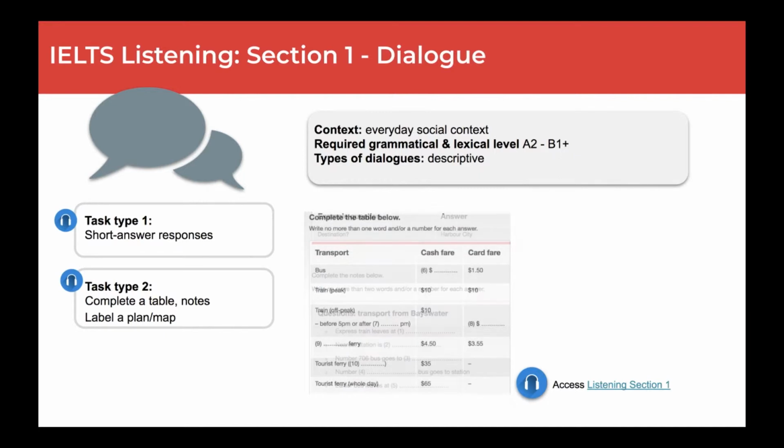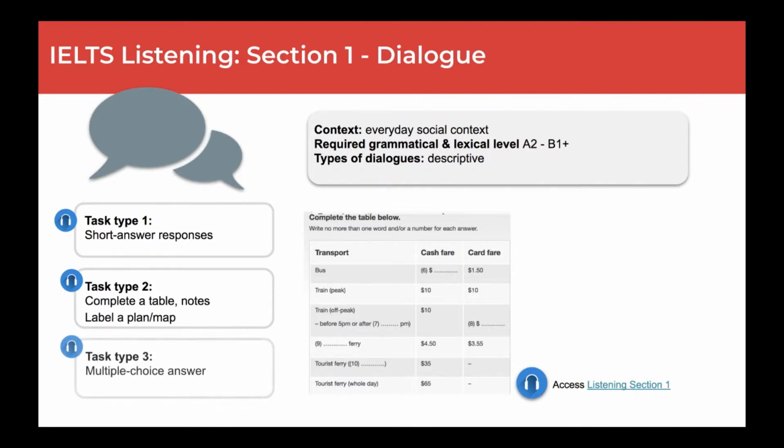Also, you could be provided a plan or a map and you need to fill in the blanks. So unlike in short responses, here you need to know how to scan such graphic information quickly and be able to predict what kind of information you need to focus on as you listen to the dialogue. The third type of task is multiple choice, which is a very common type of task for most of the sections actually.